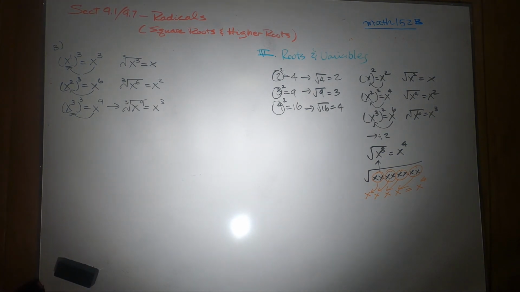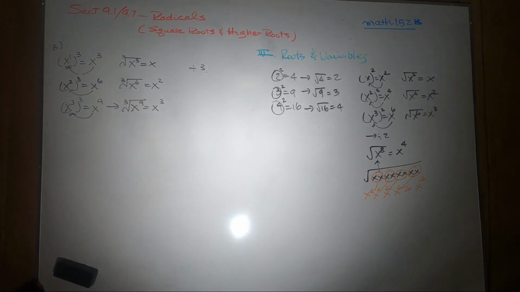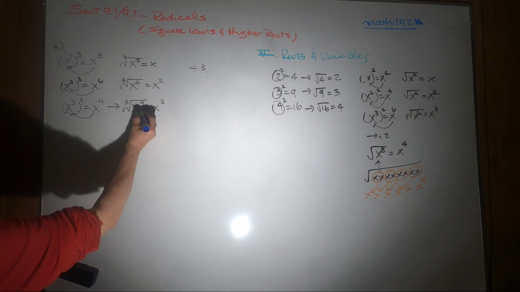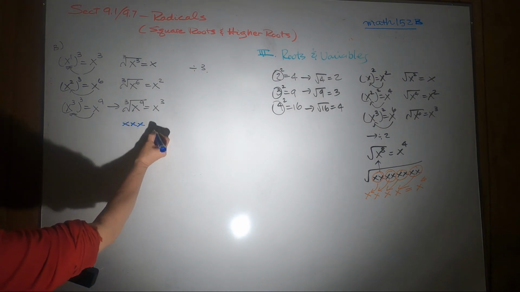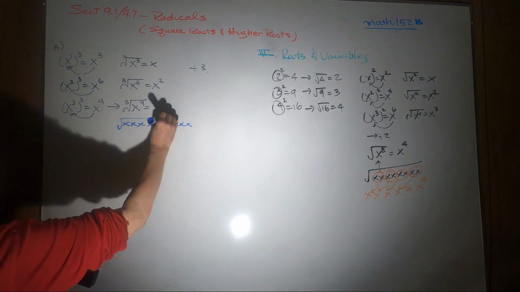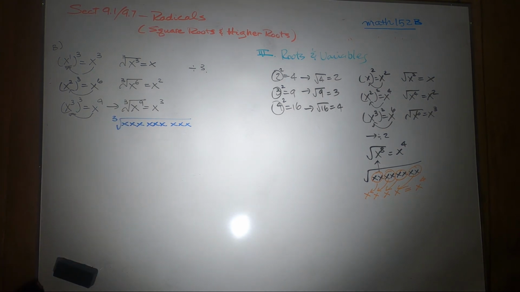As well. So it's the same thing as dividing your power by 3, right? Another way to look at it is what? If you have 9 of them, 9 of them. When you take a cube root, then every what?